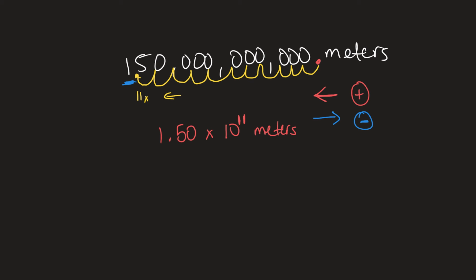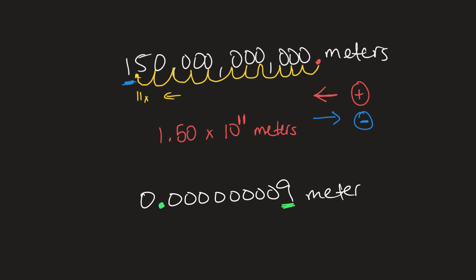And when we were talking about the size of the COVID-19 virus, we said that initially it was 0.000000009 meters. All right, and so once again, I'm going to move my decimal to the right, so that the first non-zero number, which is 9 here, is to the left of that decimal. So let's move it. 1, 2, 3, 4, 5, 6, 7, 8, 9. And so it's here.